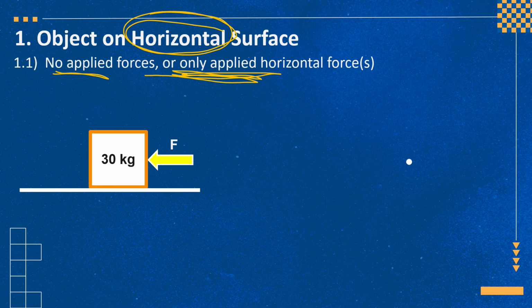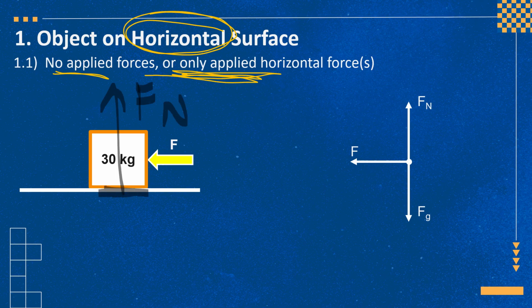If we then draw the force diagram, we will have that force to the left. We will have gravitational force always present on any planet. And then, because the object is on a surface, this object will experience a normal force.